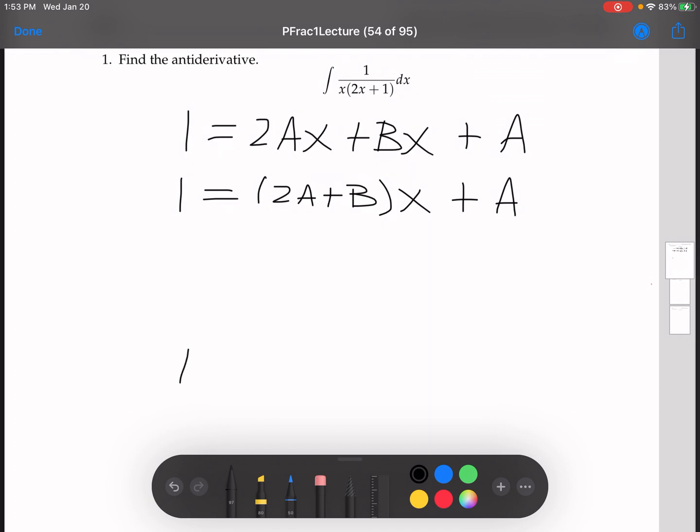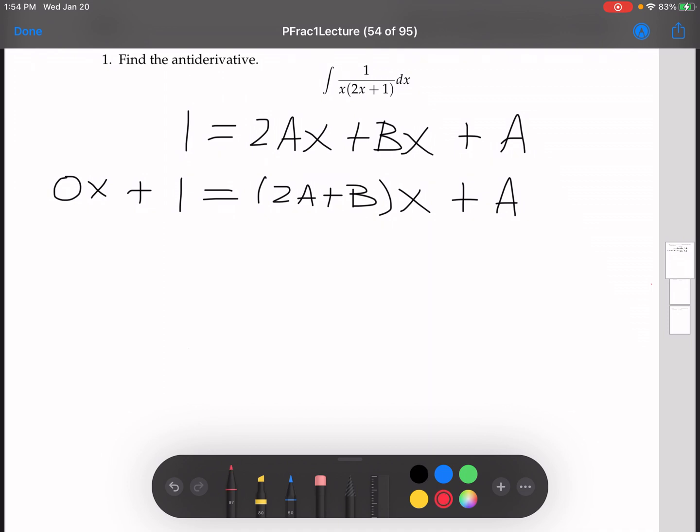Notice that 1 is equal to 1 plus 0 times x, because 0 times x is 0, and 1 plus 0 is 1. So I can write this as 0x plus 1 here. And now the theorem from algebra that I'm going to use says that if you have two polynomials that are equal, then their coefficients must be equal.